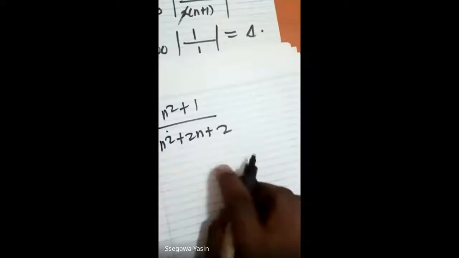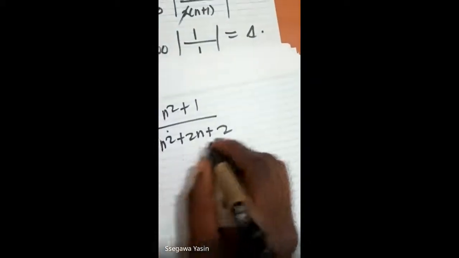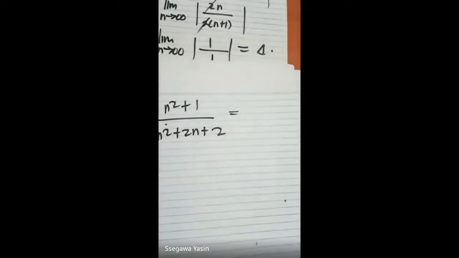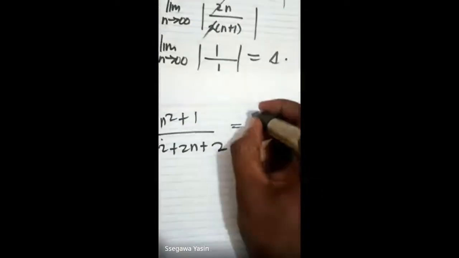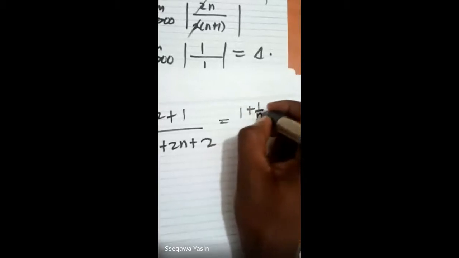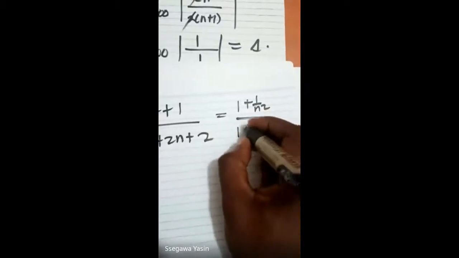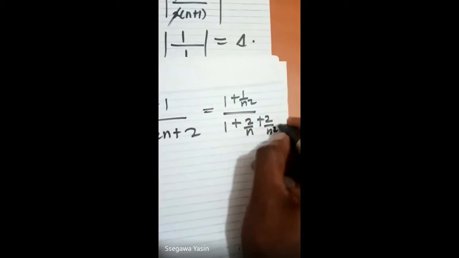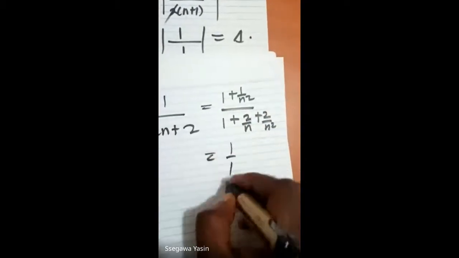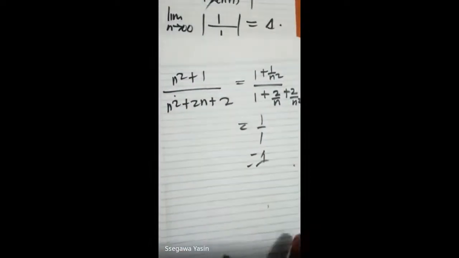So let's divide and see what we get. It is the same thing. This is 1 plus 1 over n squared, over 1 plus 2 over n plus 2 over n squared. When I divide, this is 1 over 1, which is 1. Every time you get a 1.